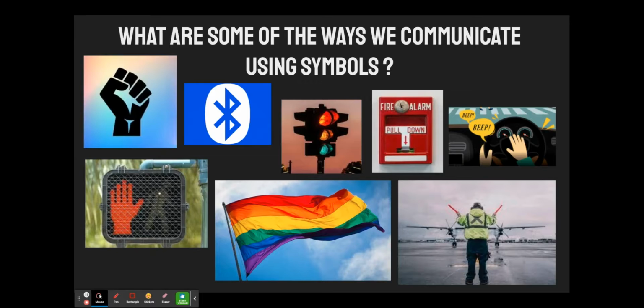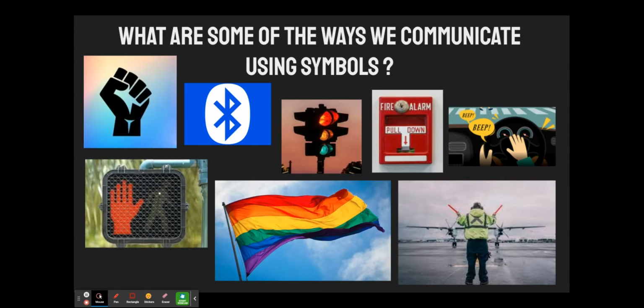So, what kinds of symbols have you encountered in your life? What are some of the ways that we communicate using symbols? And you'll notice here, there are some visual symbols, symbols that use color or patterns and stripes, but there are also symbols here that use sound and light to show or send some very important messages that keep people safe.